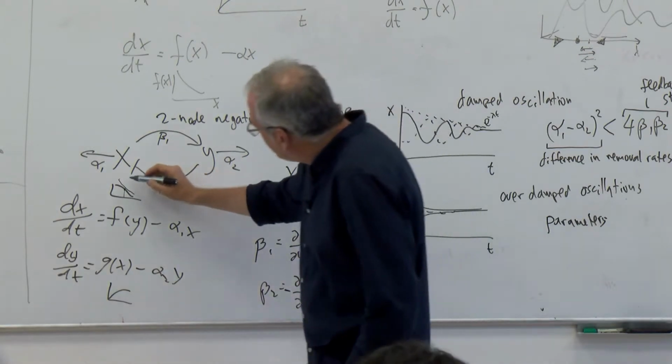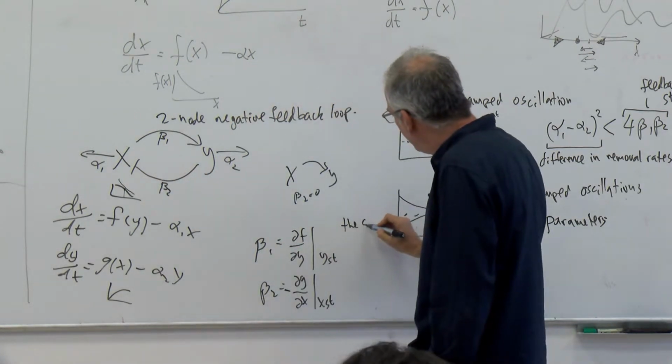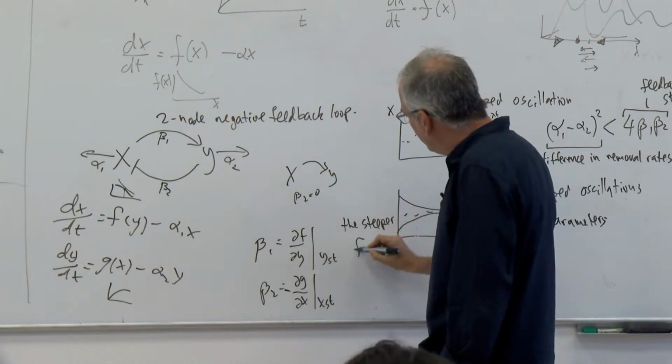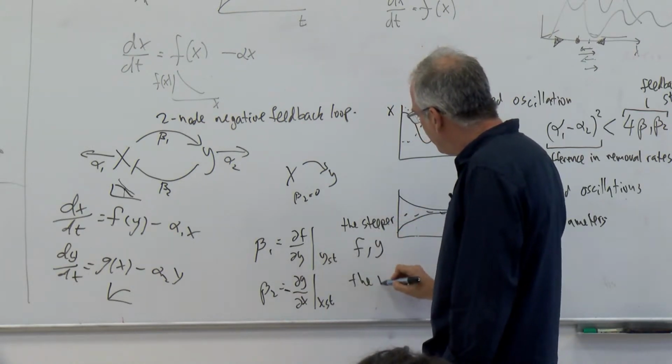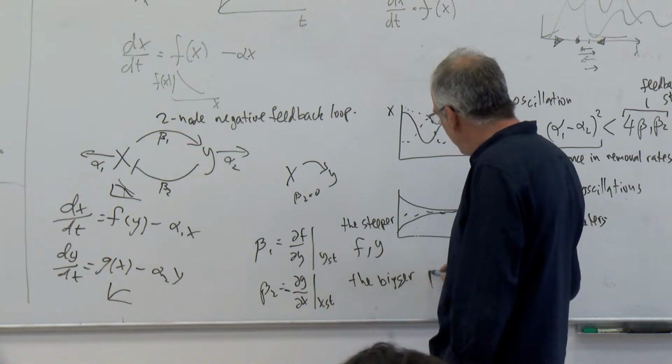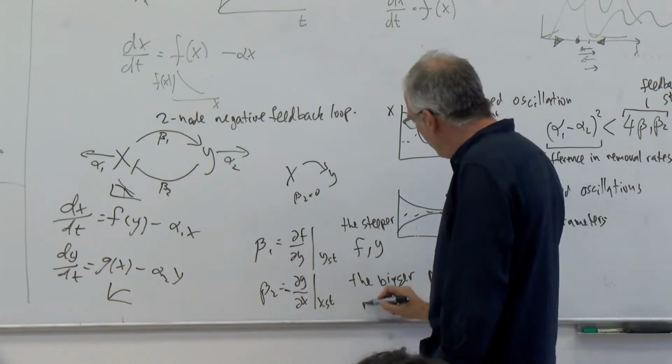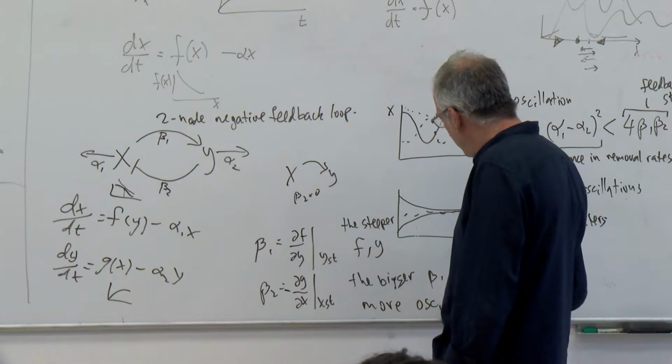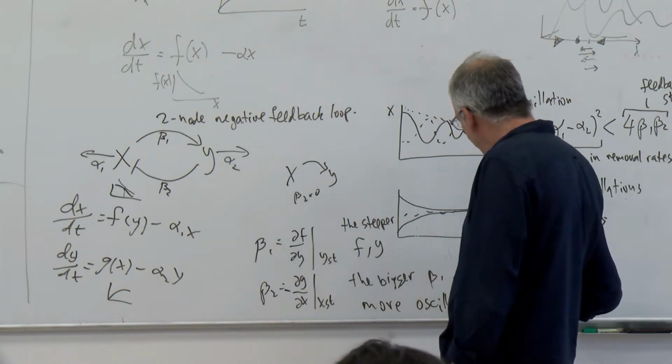The steeper these regulation functions, the bigger the beta, and the more oscillatory the system.